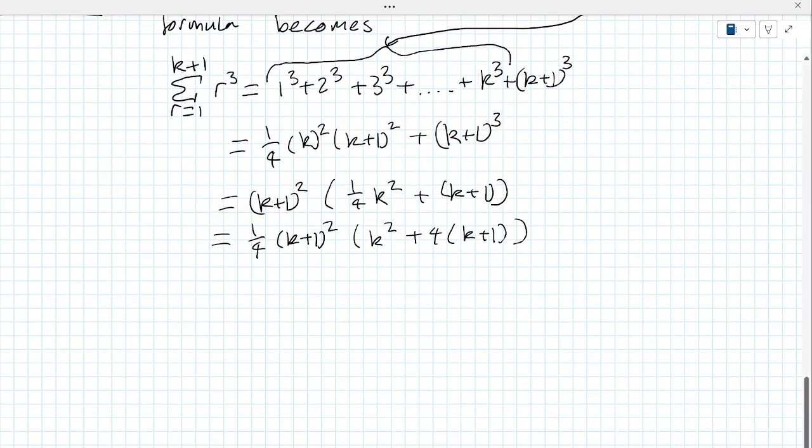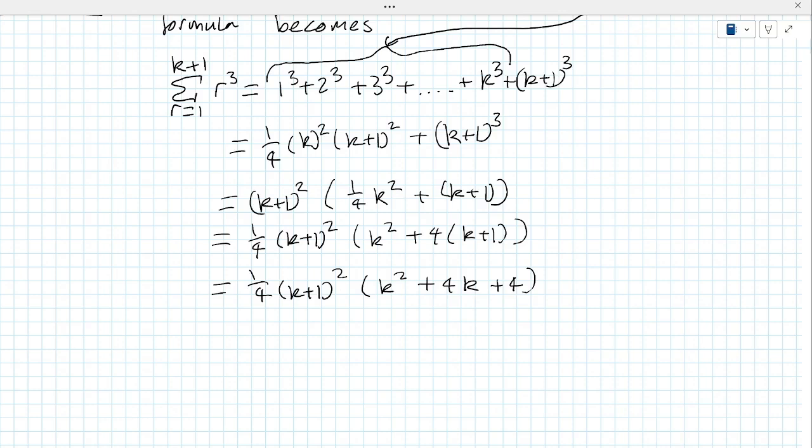And then we can actually see that this right here would be 1 over 4 k plus 1 squared, and then k plus 2 squared. Right, so that's our left hand side.